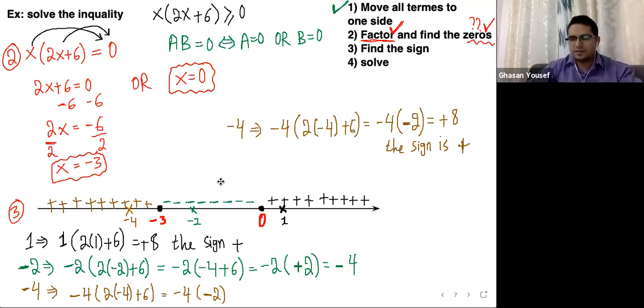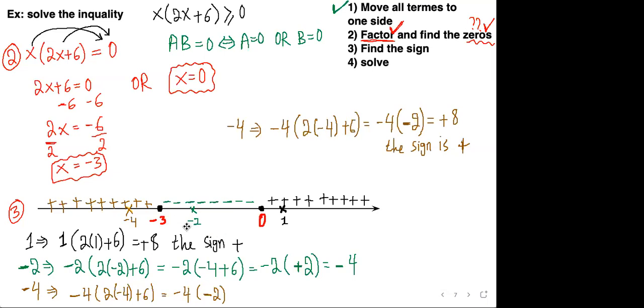This is correct. Or I can say, if you plug any number between, yes, go ahead. So maybe, for example, pick any number from 0 to -3. Let's say -2, right? If you plug in -2 to the original equation, it will not make it true. It will not be greater than or equal to 0.